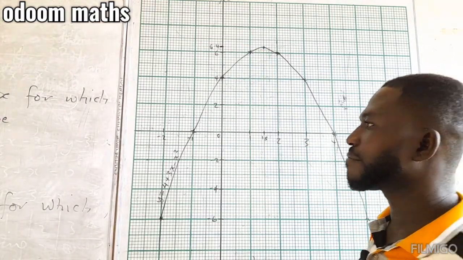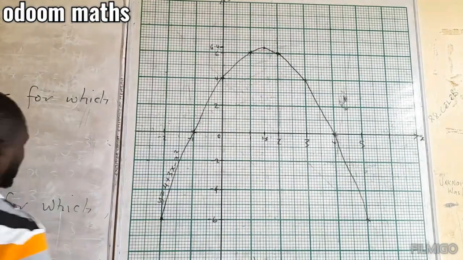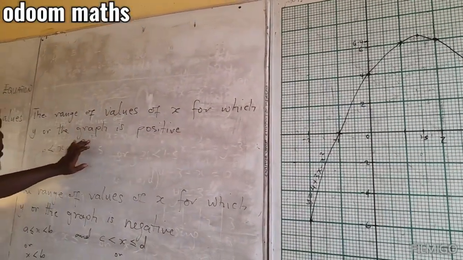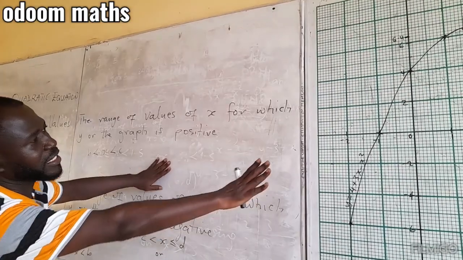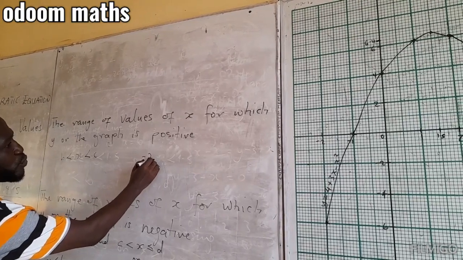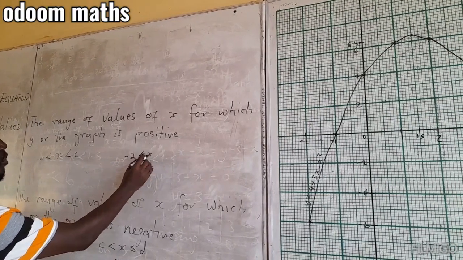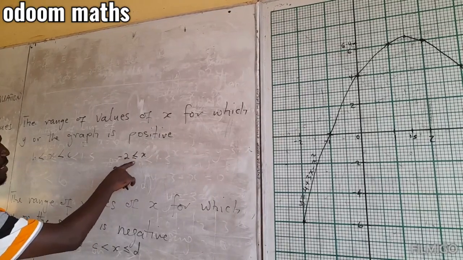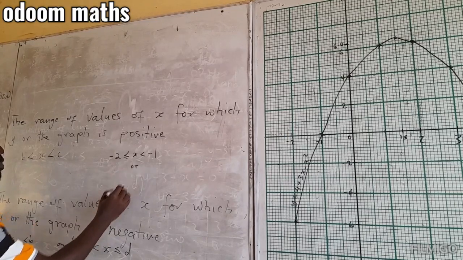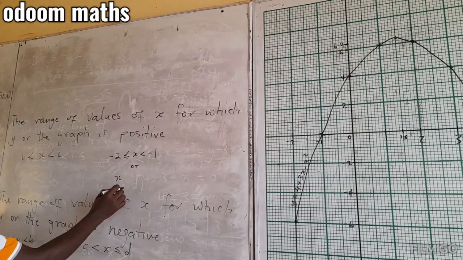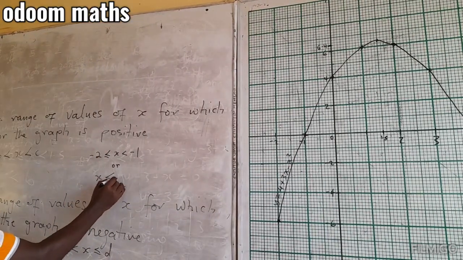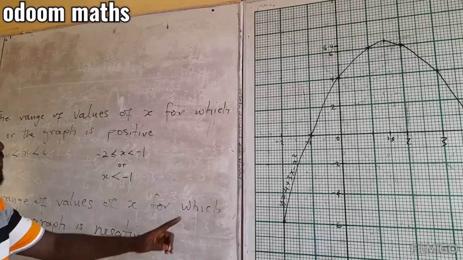Now stating the answer, the range of values of x for which y or the graph is negative. So per this graph, we say that -2 less or equal to x less than -1, because that is part, or we can also say that x values that are less than -1 will make the graph negative.